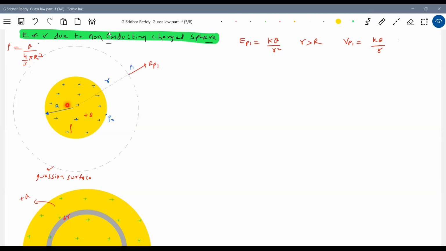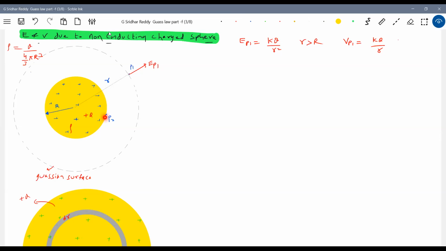The whole solid sphere charge, you can treat like a point charge kept at the center of the Gaussian surface. Very simple, no? Agreed?